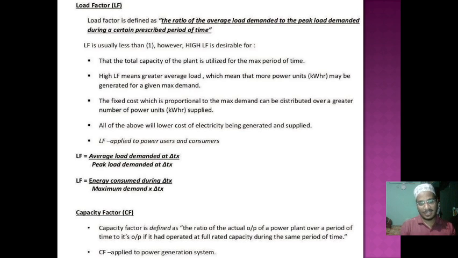Capacity factor is defined as the ratio of actual output of a power plant over a period of time to its output if it had operated at full rated capacity for the same period of time. CF is applied to power generation.